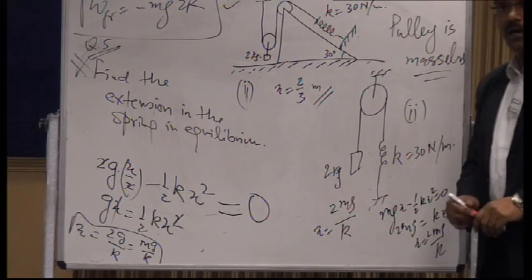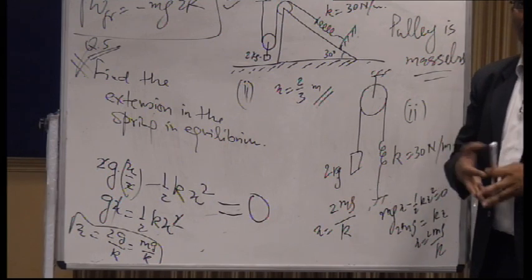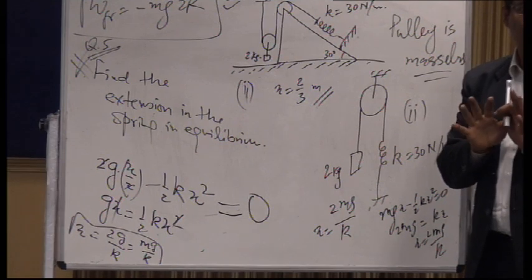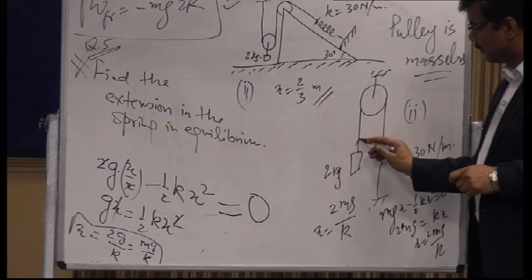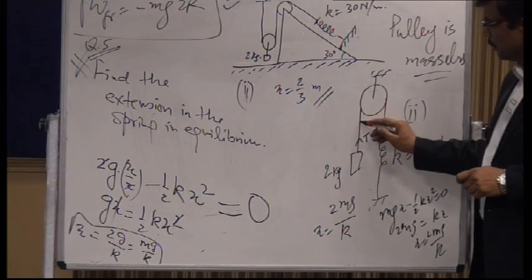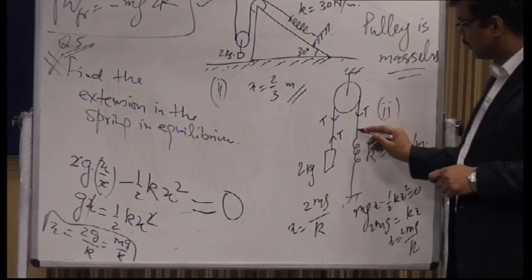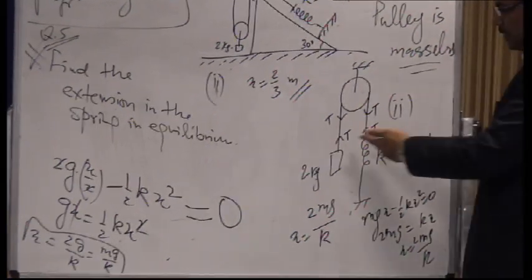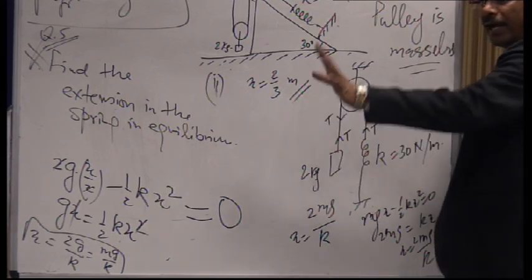Now children, tell me one thing. If I go by laws of motion, knowledge of laws of motion, tension and all those forces only, suppose we don't know about the work energy theorem, what is the tension going to be here? What is tension here? In equilibrium, this T will be equal to mg. Right or wrong?